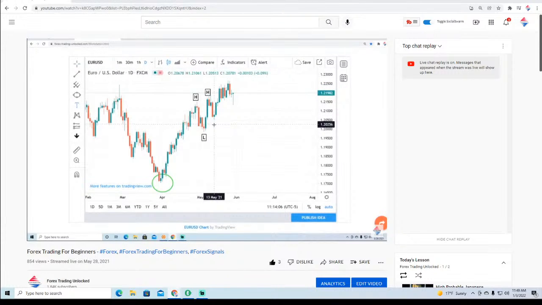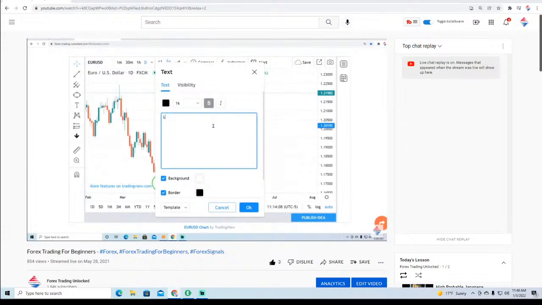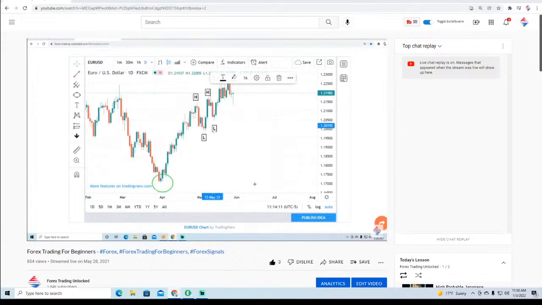Now when you have higher move highs and higher move lows, that is an uptrend. Now if it was the opposite, where you were making lower move highs and lower move lows, like for instance here where we had a high, we had a low, lower move high, lower move low, lower move high, lower move low, that is a downtrend.